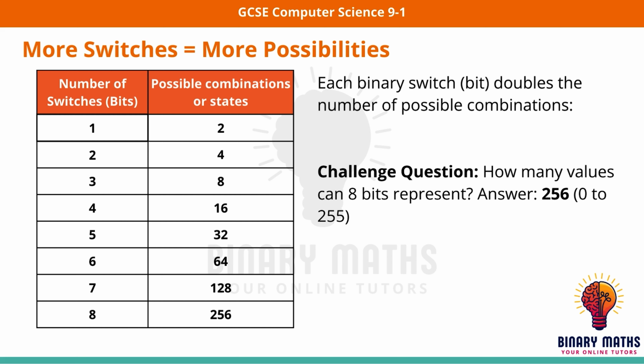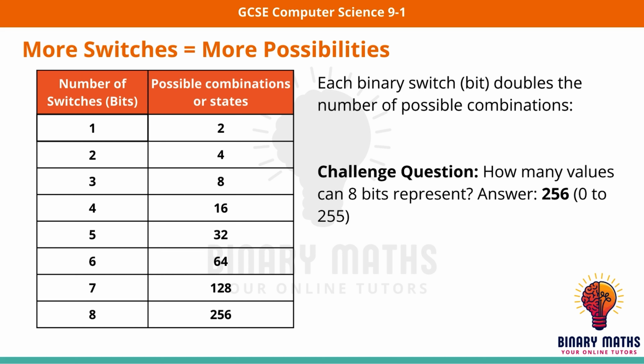The simple rule is that the number of combinations is 2 to the power of the number of bits. So for 8 bits, you get 2 to the power of 8, which is 256. That's why a byte of 8 bits can represent any number from 0 to 255.